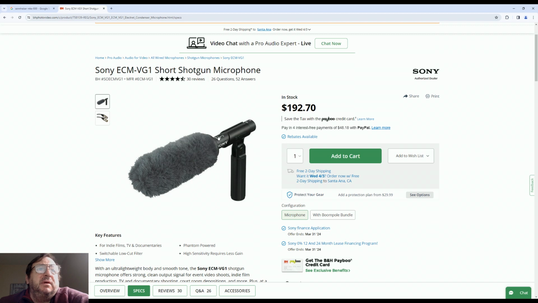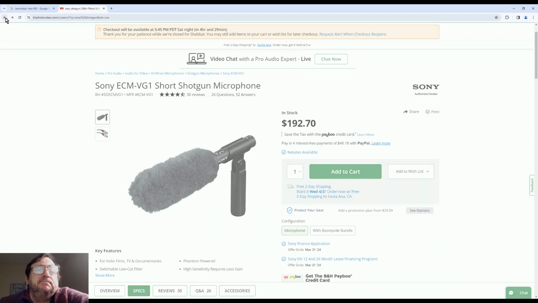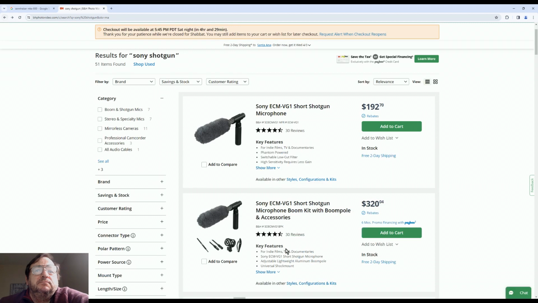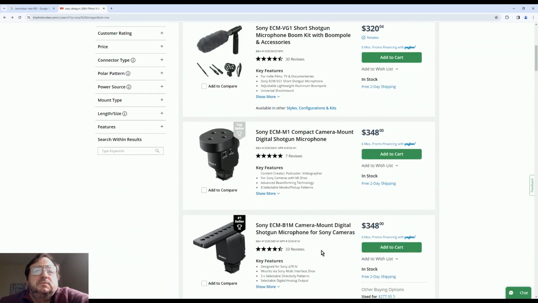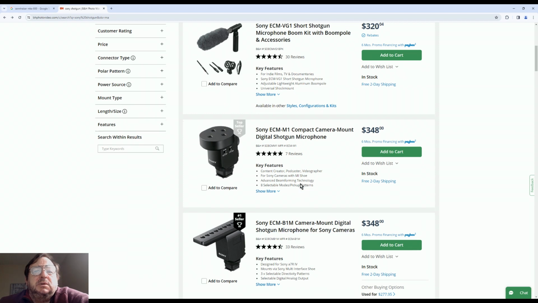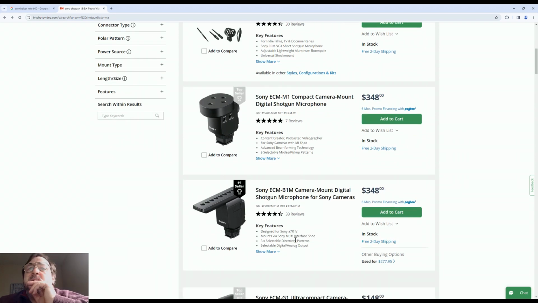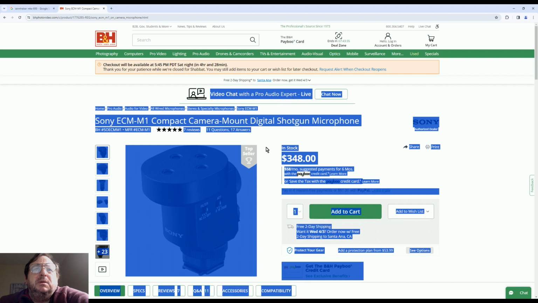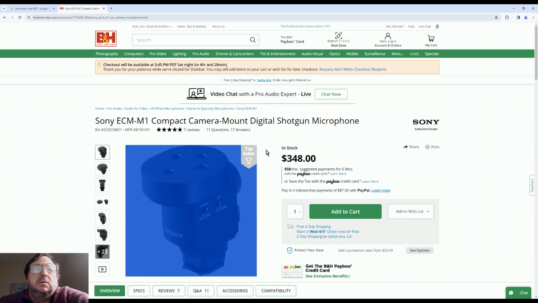Everything is fine, but they should have 3.5. Well, they have this one. I think this one, you see, is designed for Sony R4. I think this one is 32 float. Maybe not.